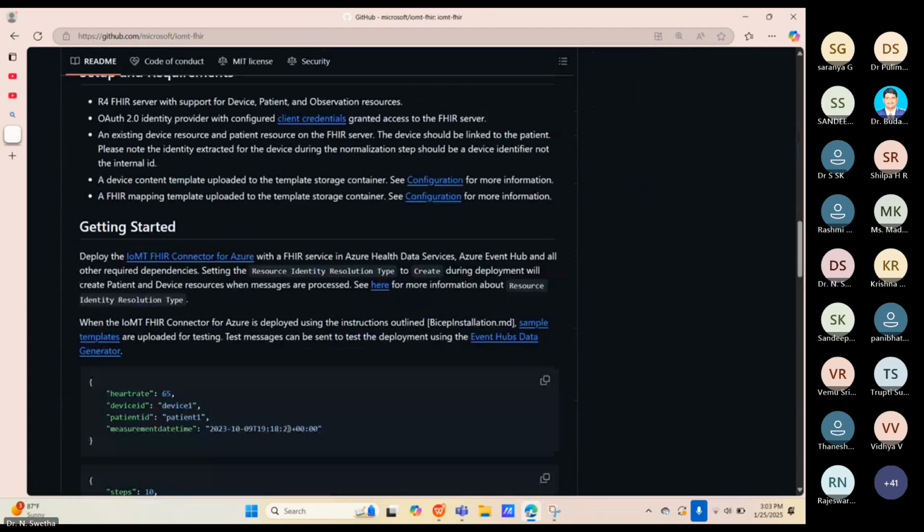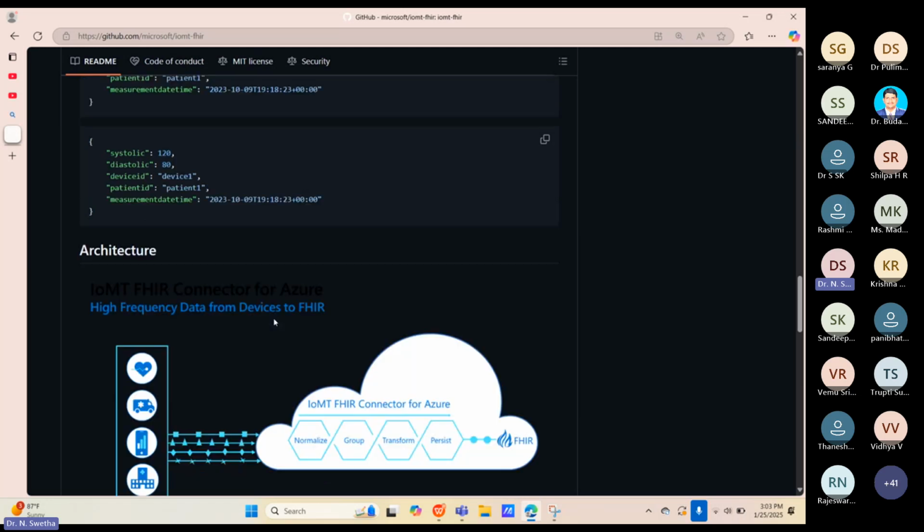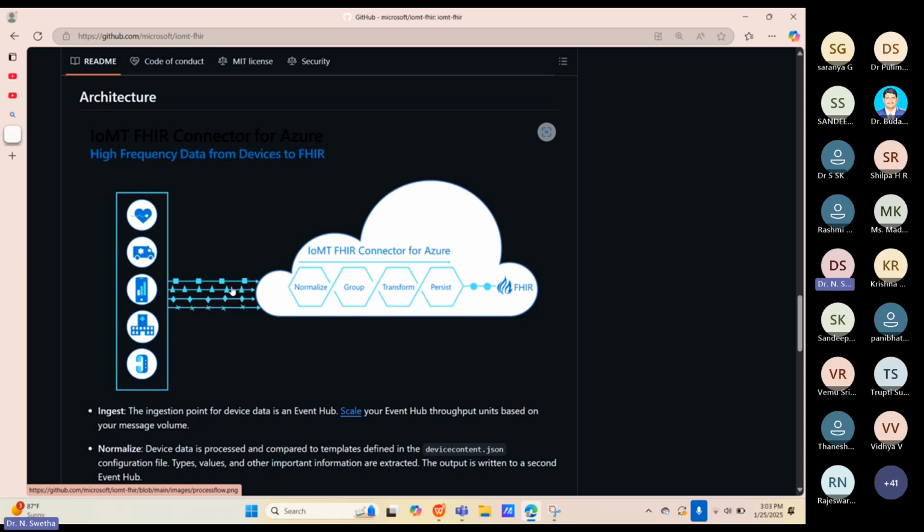This is the type of data which is stored in JSON format. These are the different types of inputs where the data is being streamed. You have watches, hospitals sharing data, some statistics from storage, ambulance, and vitals.